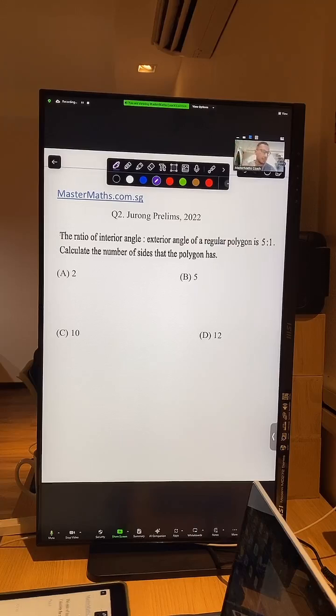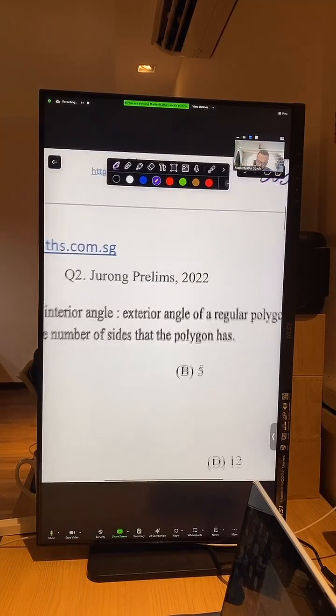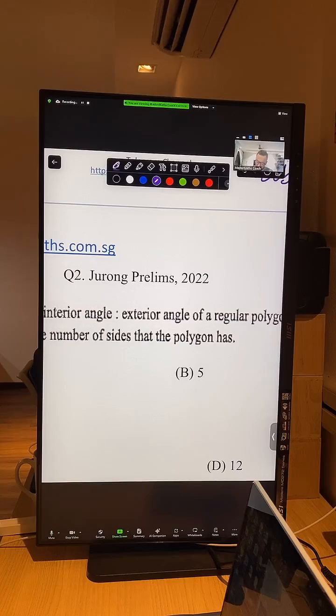Okay, so again, for those of you who need a quick recap, when we talk about polygons, remember it's the sum of angles in an n-sided polygon.